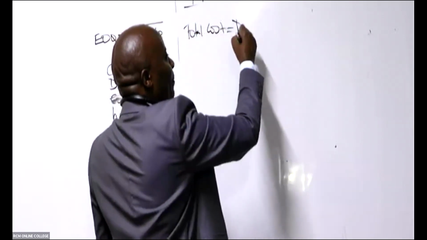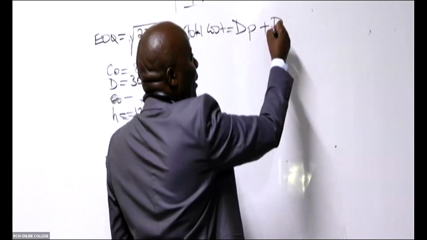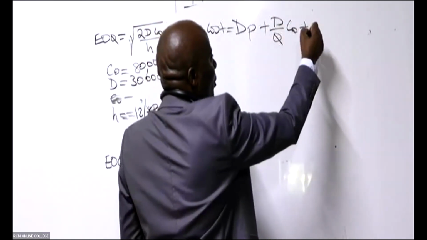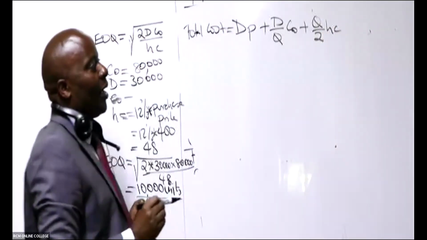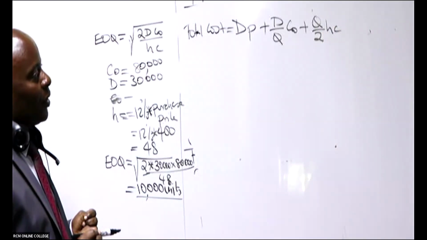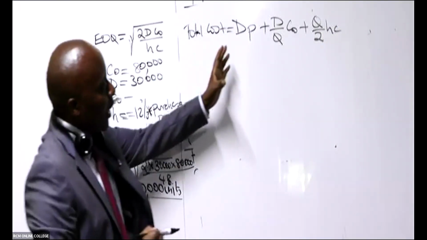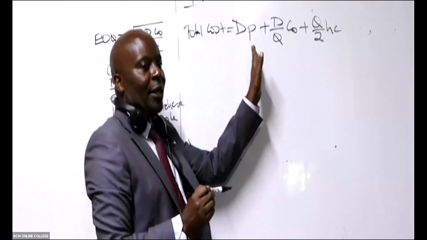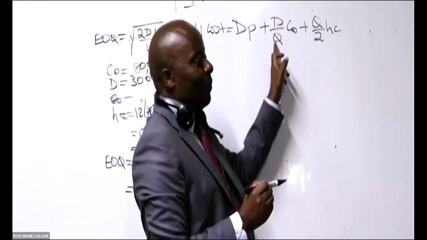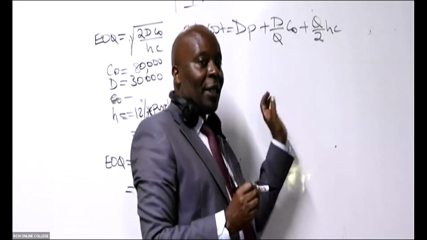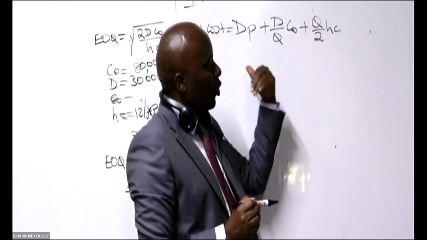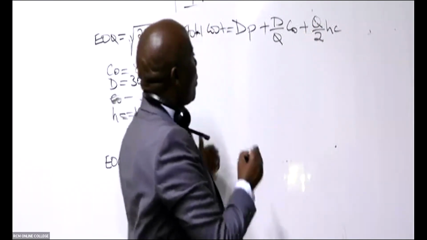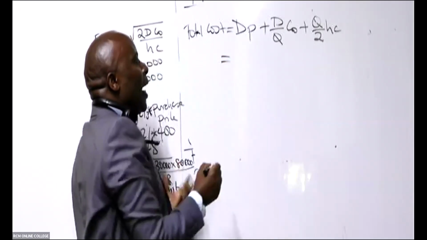So you take DP plus D over Q times CO, plus Q over 2 times HC. So total cost equals annual demand times price per unit, plus annual demand divided by the Q you have gotten, times the cost per order, plus that EOQ you have gotten divided by 2 times HC. So in this particular case, what is the annual demand?